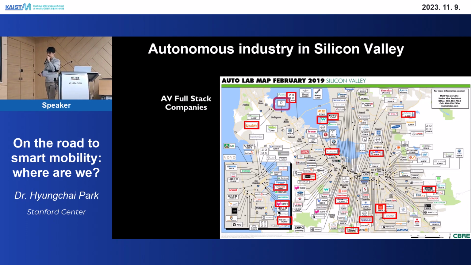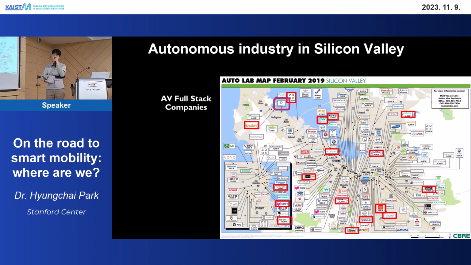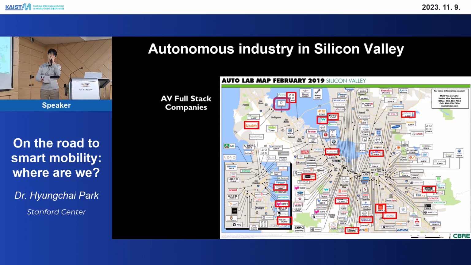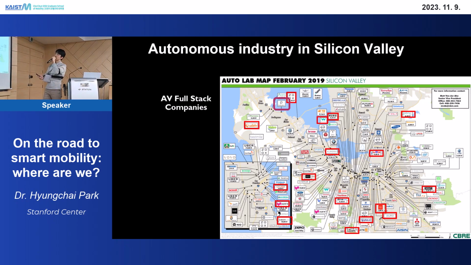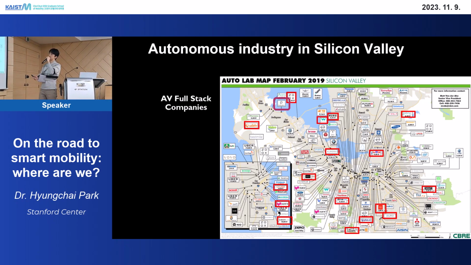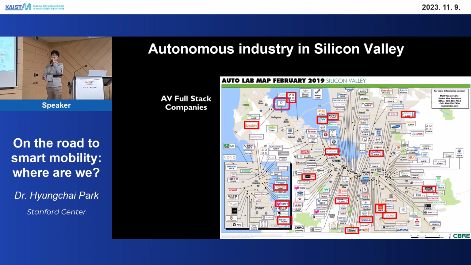Thanks to the development of these technologies that make autonomous driving possible, and also people's interest in autonomous driving, investors say, take my money. So Silicon Valley has become a great place to do something related to autonomous driving.